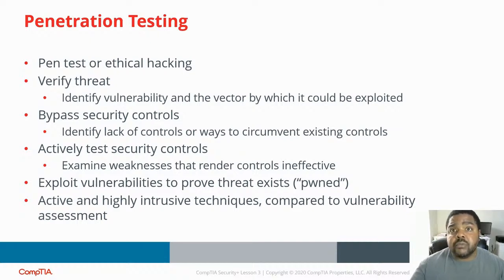Things of that nature. A lot of times we have third-party vendors come in and strike a contract with a company and then actually perform a pen test to give the company a better understanding of how the security posture is. So if I have a third-party vendor come in, they could take the position of an outsider, a hacker, right?